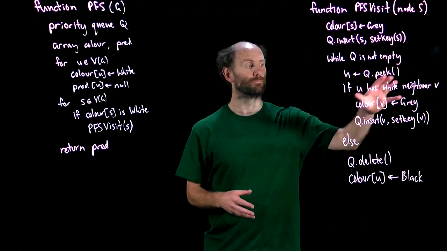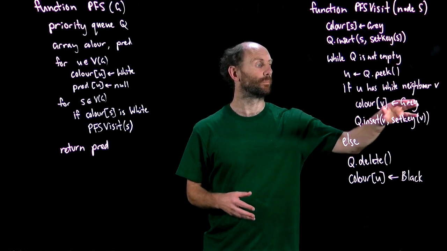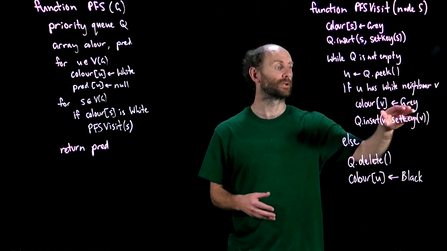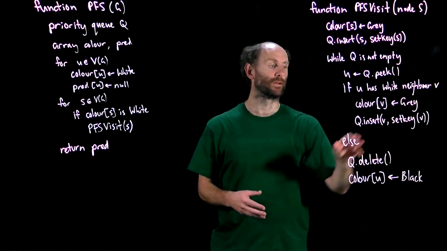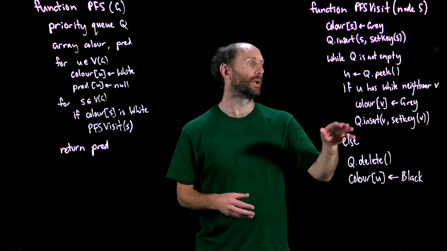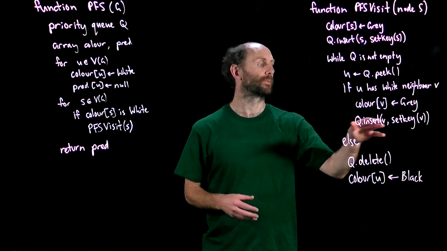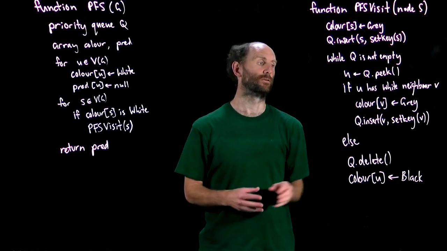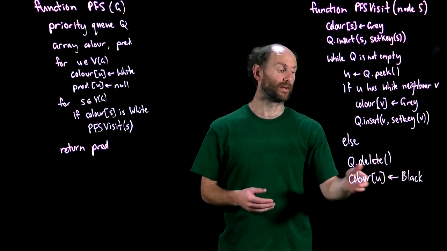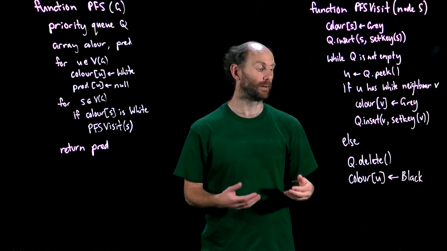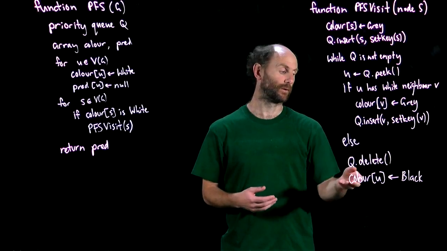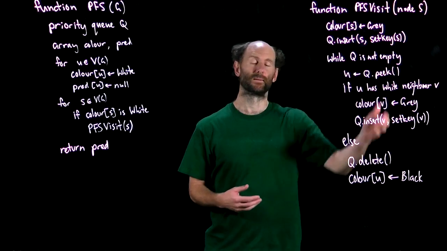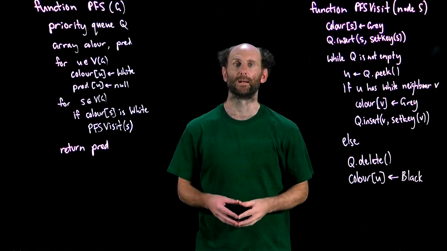Once again, we visit white neighbors, we turn the first white neighbor grey, and we insert the newly turned grey node into the priority queue, setting its key as we do so, and then we just continue around this loop. Once we've visited a node and all the node's white neighbors, we'll delete it from the priority queue, we'll color it black, and we'll return, continuing until we've used up all of the grey nodes.